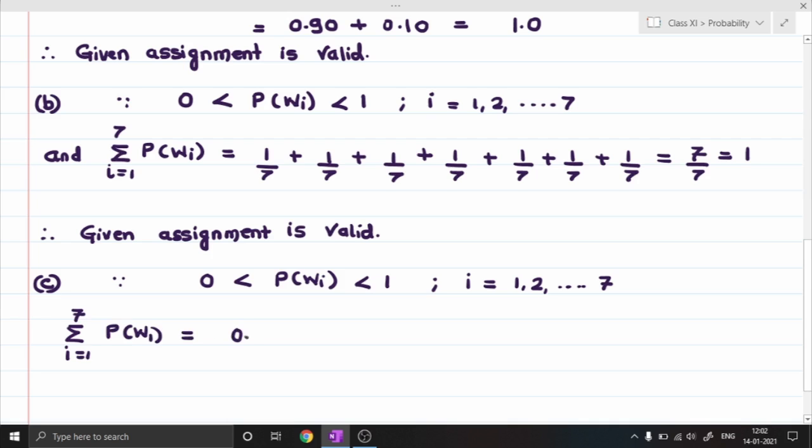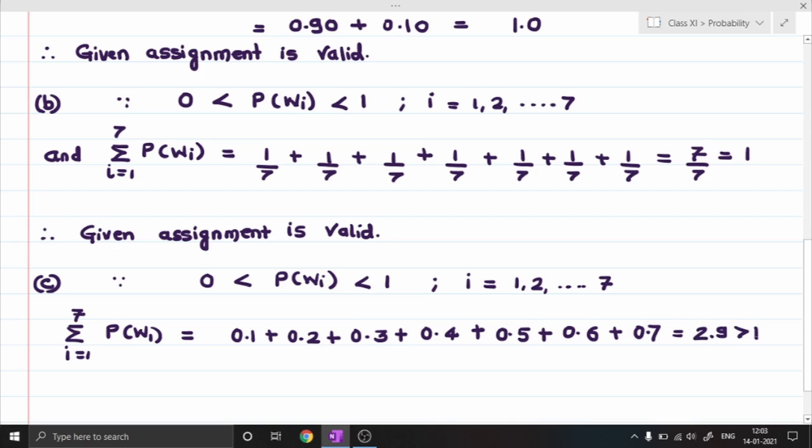So that will be 0.1 plus 0.2 plus 0.3, and we'll add all of them: 0.4, 0.5, 0.6 and then 0.7. So let us add all of them. See, 7 plus 6 is 13, 5 is 18, 22, 25, 27 and 29. I think it is coming 2.9, which is more than 1.